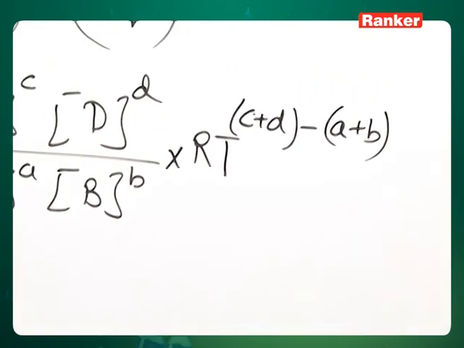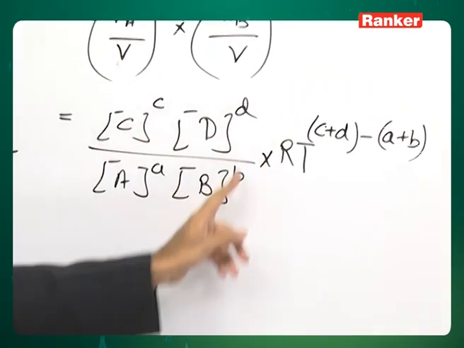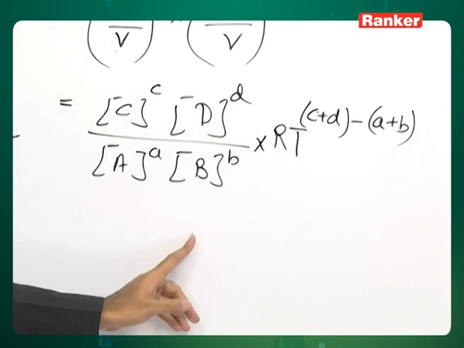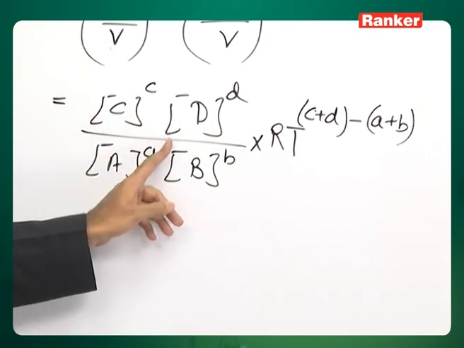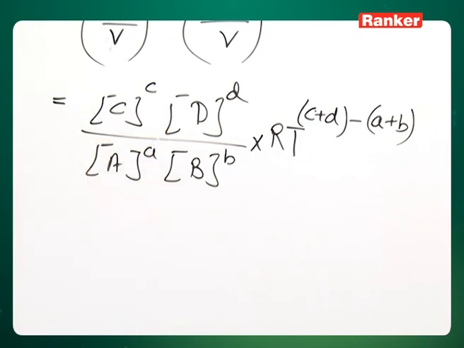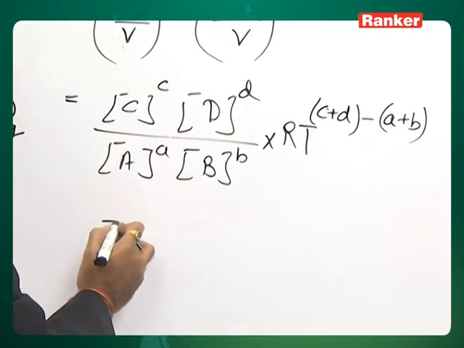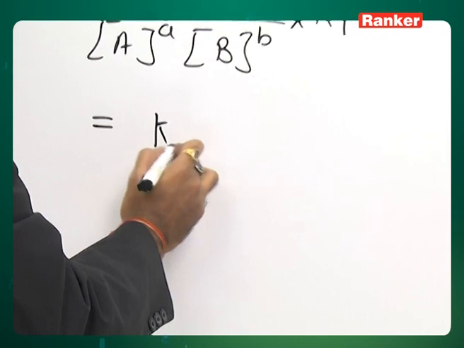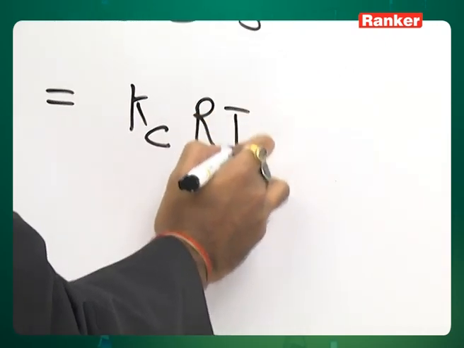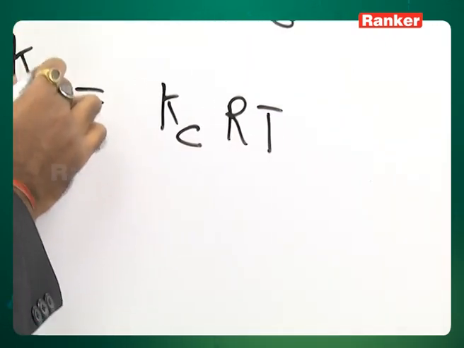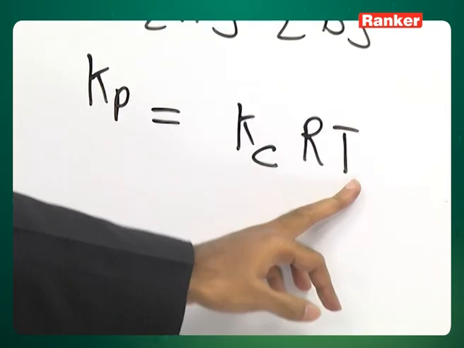Right or no? Now, this is nothing but Kc. Previously we have shown how Kc is written using concentration terms. So simply we can write it as Kc into RT. Now see, this is Kp equal to Kc into RT.